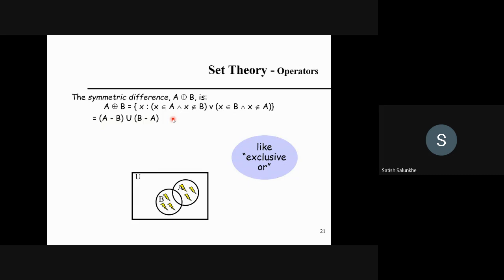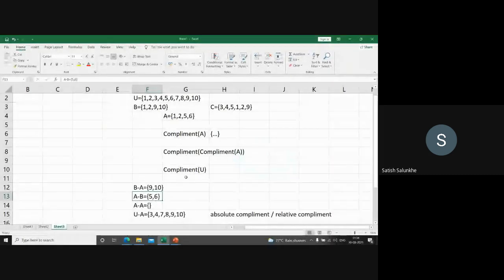So let us do it quickly with respect to this. Find out by yourself A symmetric difference B. What is that answer? All the students kindly do it quickly and post your answer in the chat box. Similarly, B symmetric difference C. Find out quickly in the chat box.